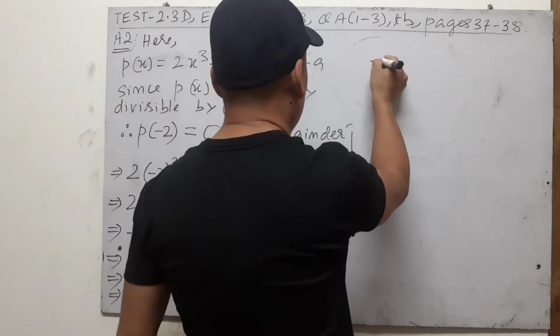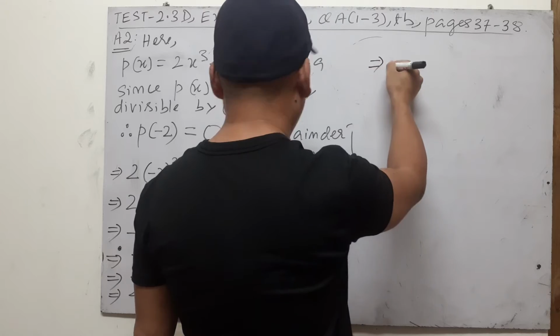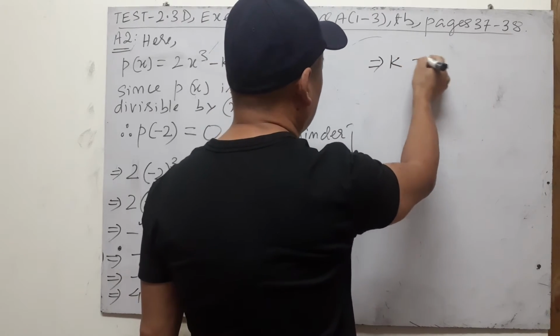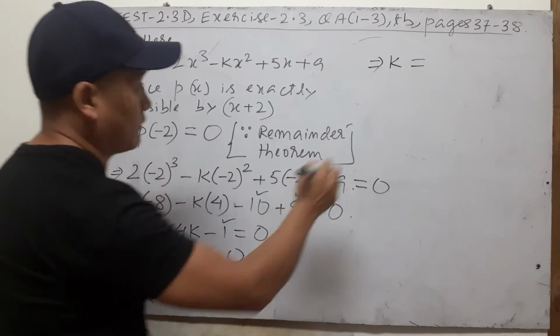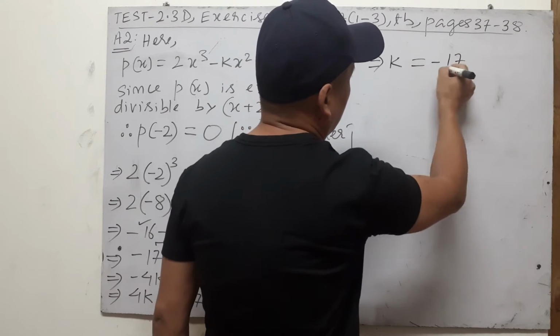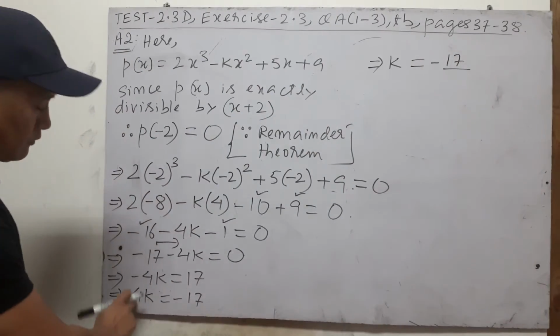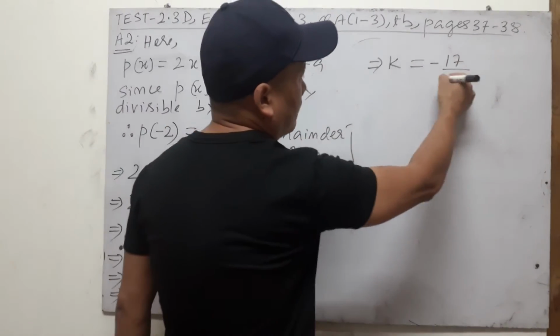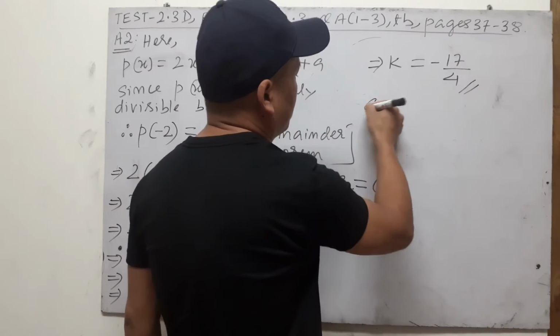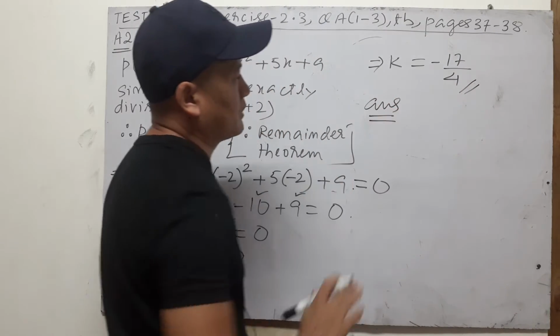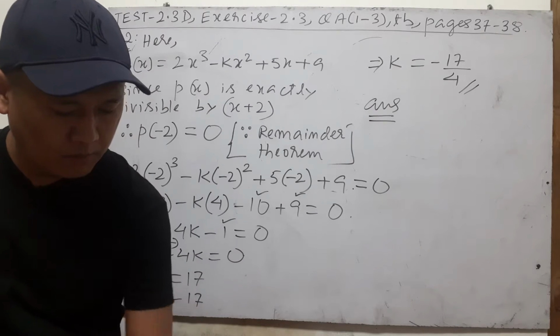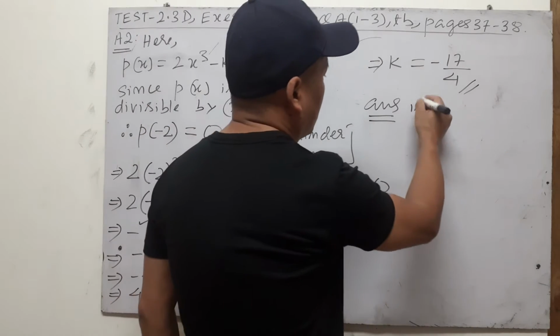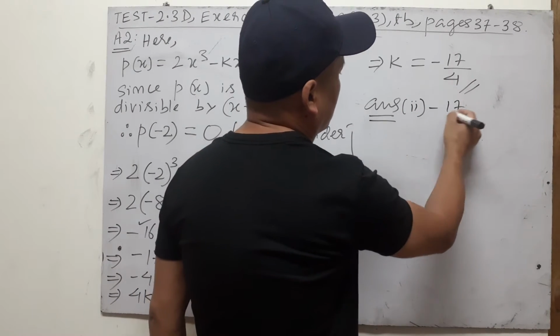That implies k is equal to minus 17 by 4, since 4 shifts to the right side and becomes the denominator. The answer choice matching this k value is 2, which is minus 17 by 4.